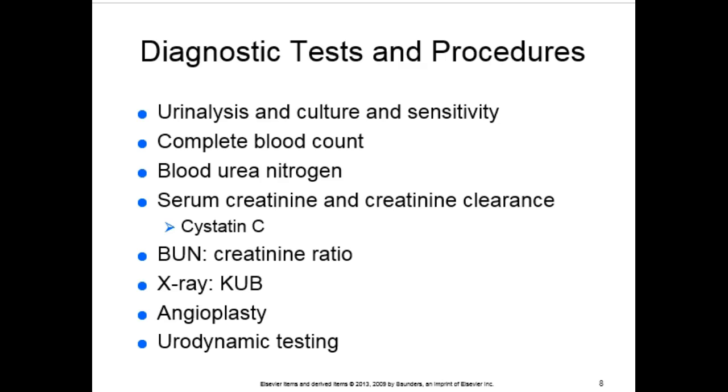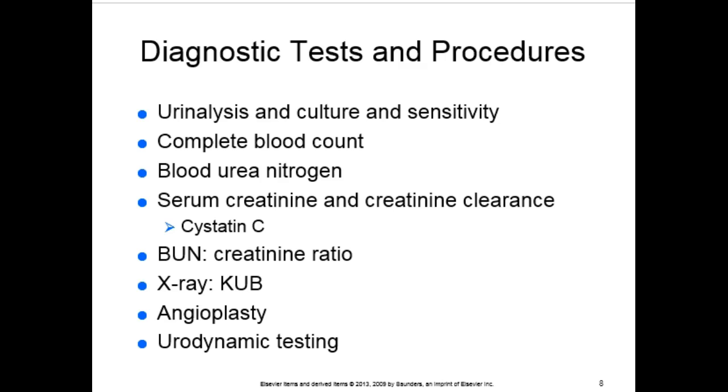An increased ratio may be due to a condition that causes a decrease in the blood flow to the kidneys, such as congestive heart failure or dehydration. It may also be seen with increased protein from GI bleeding or increased protein in the diet. The ratio may be decreased with liver disease due to the decrease in formation of urea and also from malnutrition.